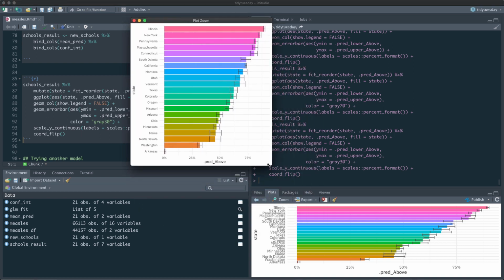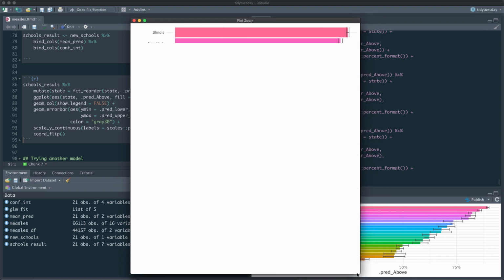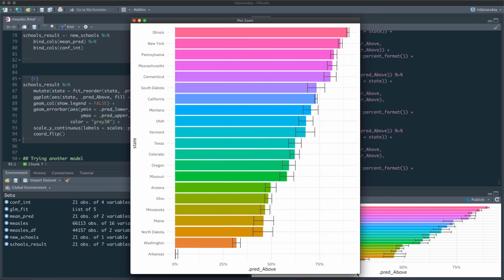Okay. So what we have here now is the proportion and then the uncertainty on the proportion, a measure of the variability on the proportion. And so we can see California, we measure much more precisely than South Dakota. Is the model able to tell the difference between California and South Dakota? We're able to get that from this visualization.